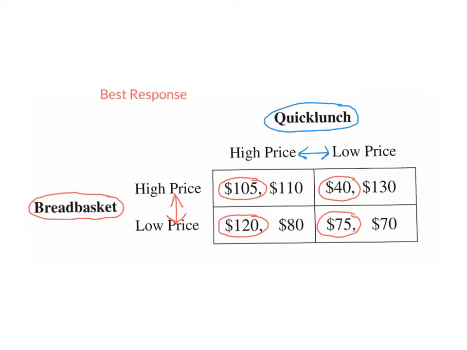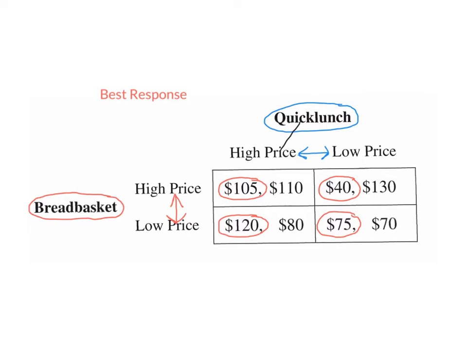One of the first things that you would have to answer in a problem like this is a company's best response. So in this example, if Quick Lunch is deciding on a strategy of setting a high price, what is the best response for Breadbasket?